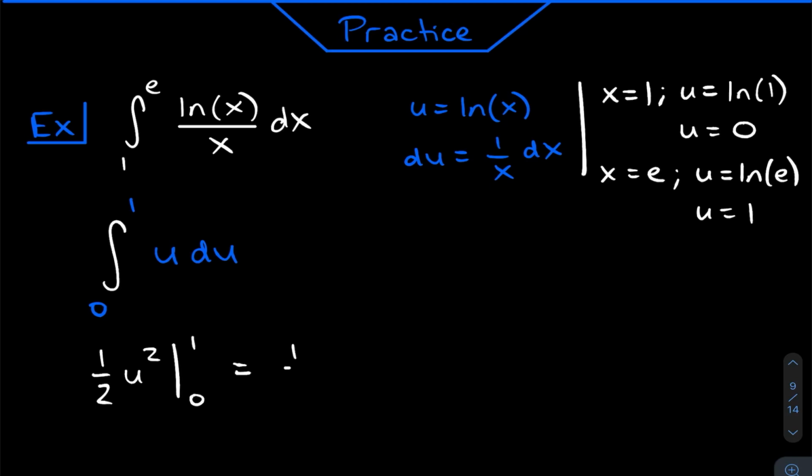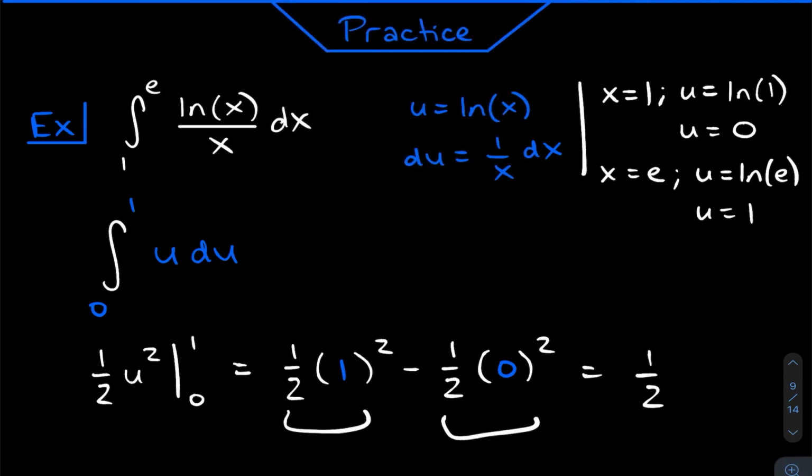So we're going to take this function and plug in the upper bound and then the lower bound. So here goes a 1, here goes a 0. As you can see, this thing just becomes 1/2, because this is 1/2 and this is 0. Okay? Awesome.